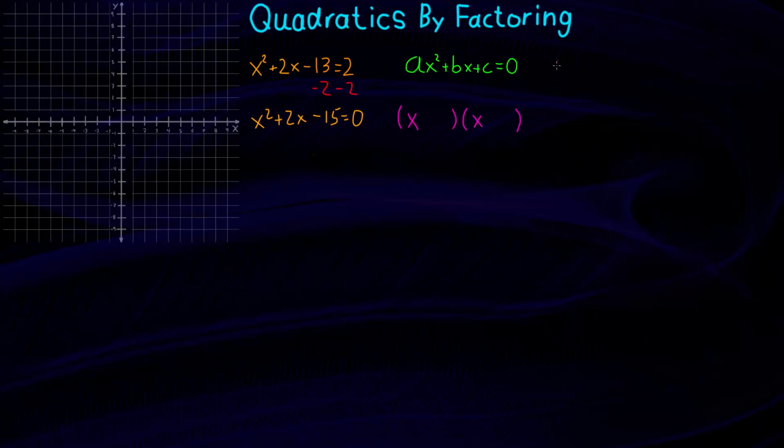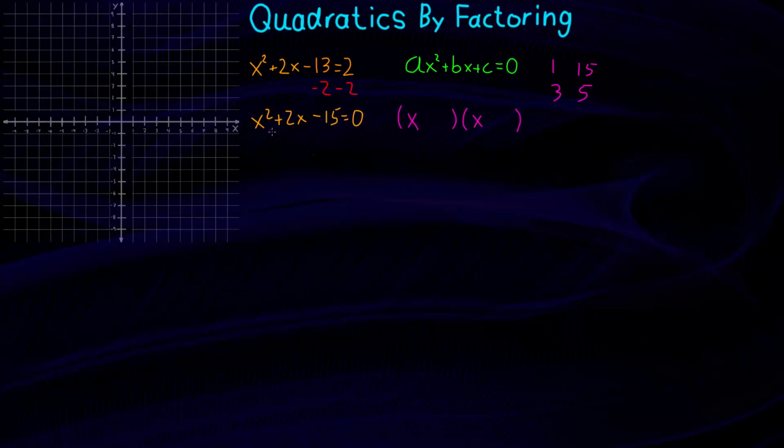So what numbers do we have? 1 multiplies with 15, 2 isn't going to work, 3 and 5 work, and 4 would not work, so these are our possibilities. Now, if you see, this is negative 15, so one of these has to be negative.